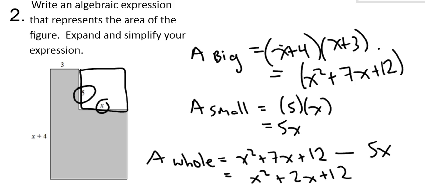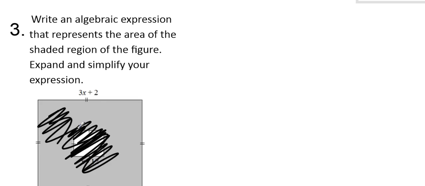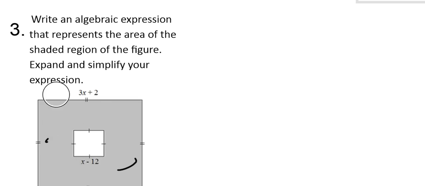And a similar idea in question 3. Now I want the area of just the shaded region. So again, I'm going to find the area of the whole shape, pretend that it's a whole shape. And then when I have that answer, I'm going to subtract the piece that's been cut out. So, area of the whole shape, area of the big shape.